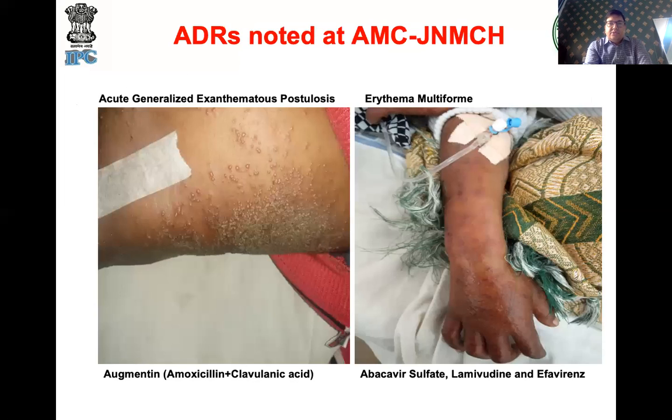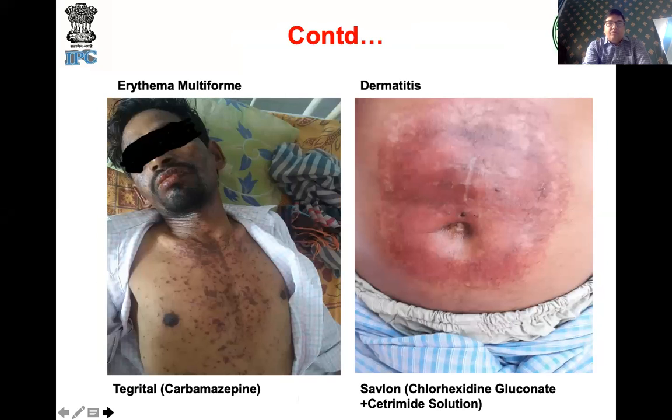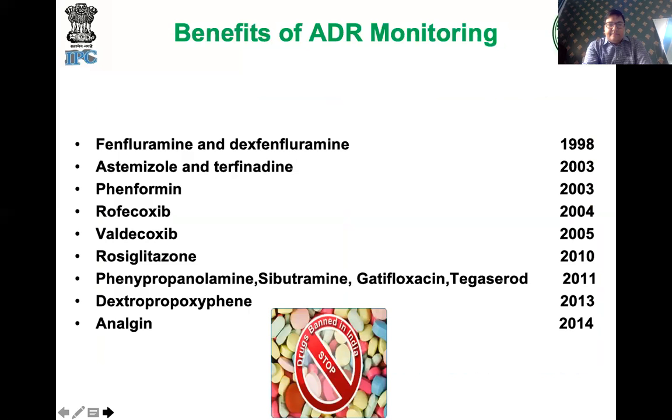These are the common ADRs which we have reported. We report more than 30 ADRs per month at our center.